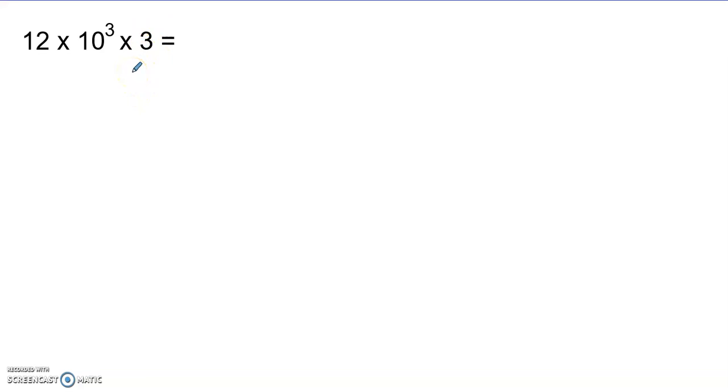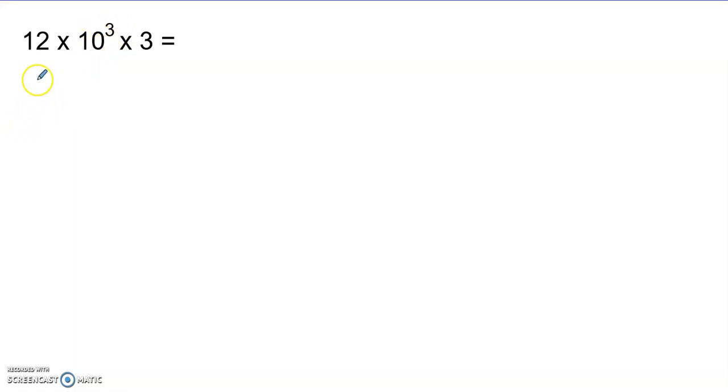So in our order of operations, the first thing we solve is parentheses. And there happens to be no parentheses here. And then the next thing is to solve exponents. And I look and I do have something in exponential form. And that's 10 to the third power or 10 cubed, whichever way you like to say it. So I need to solve this first.